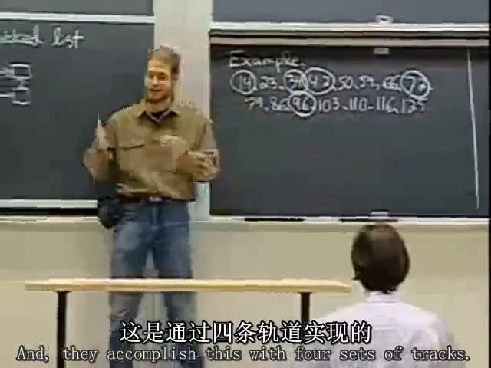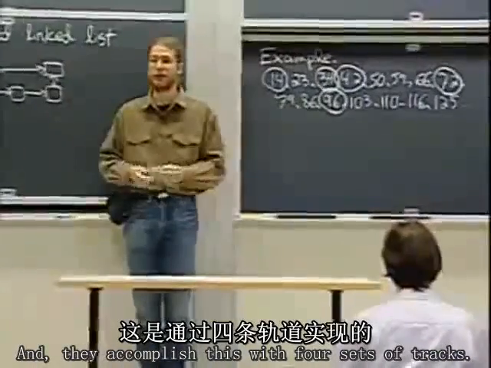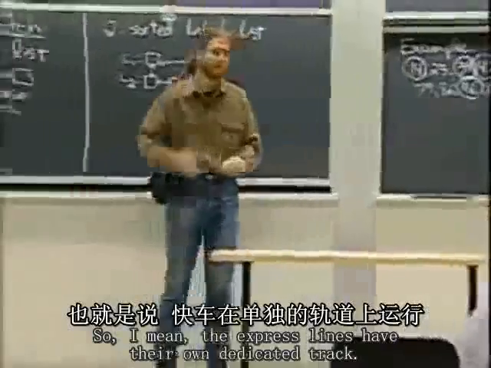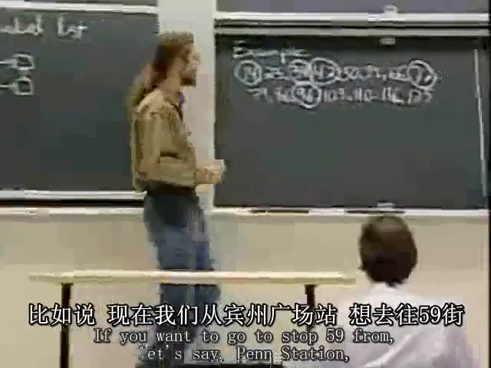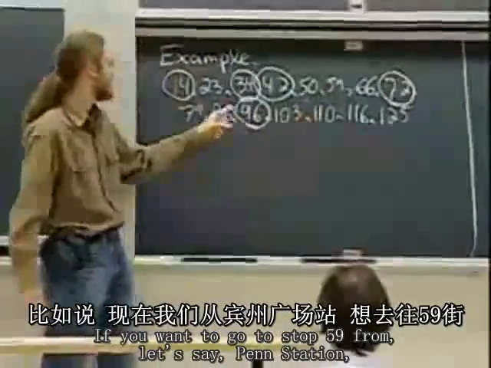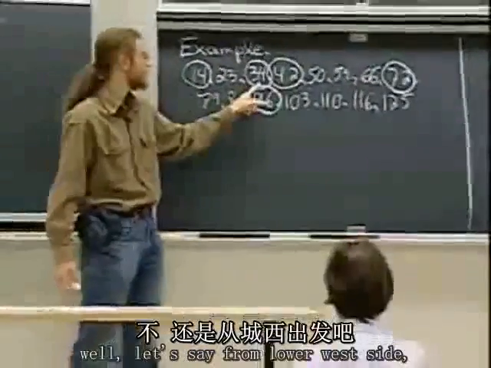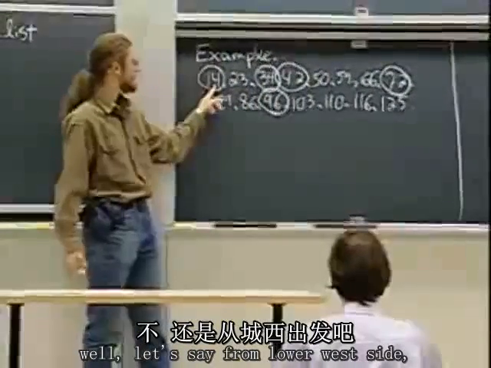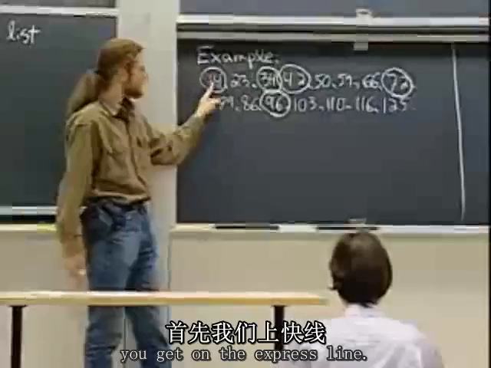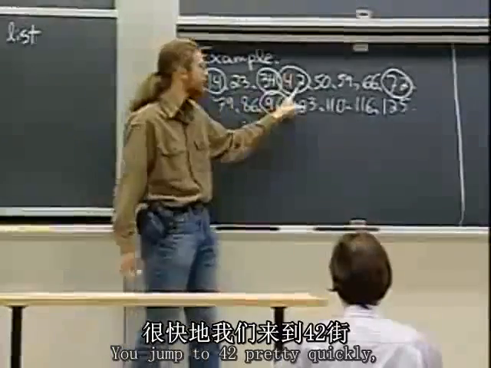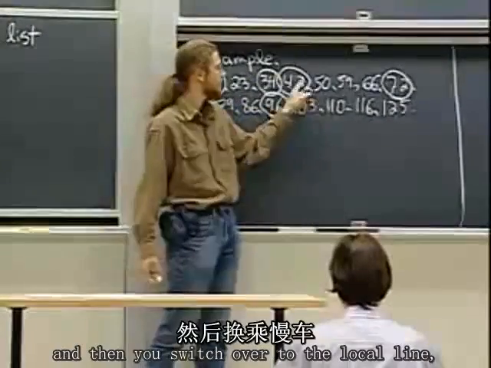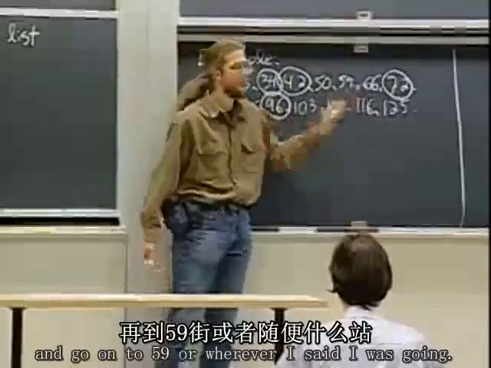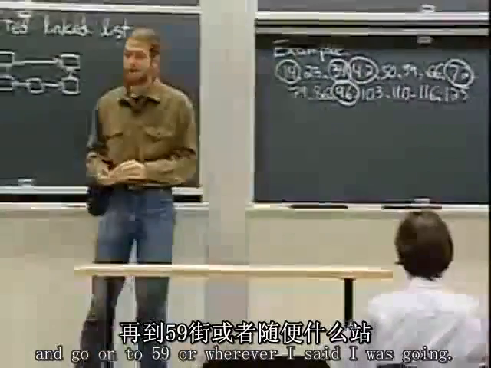And they accomplish this with 4 sets of tracks. So the express lines have their own dedicated track. If you want to go to stop 59 from, let's say, Lower West Side, you get on the express line, you jump to 42 pretty quickly, and then you switch over to the local line and go on to 59 or wherever I said I was going.